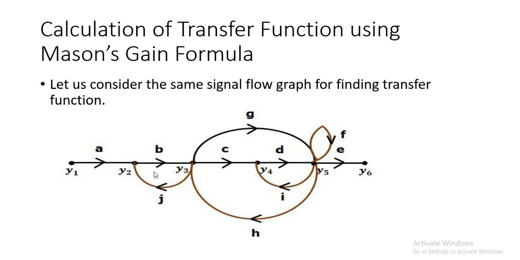For example, this loop y2, y3, y2 is touching this loop y3, y5 and y3. But we have to locate non-touching loops. Similarly, this y4, y5, y4 loop is touching this loop y3, y5 and y3. But this y2, y3 and y2 loop is not touching this y4, y5, y4 loop. Okay, so I can say that these two loops are non-touching, because there is no common node between them.